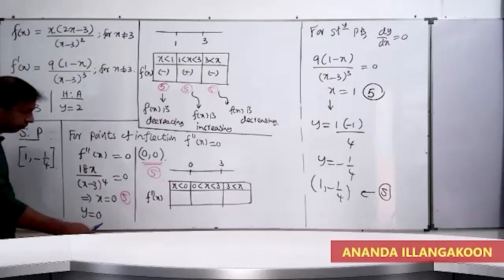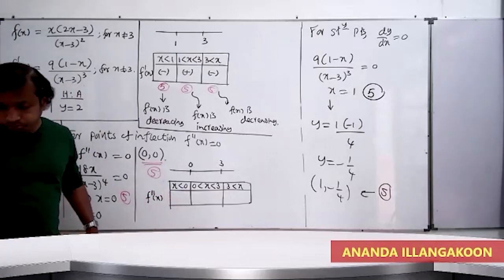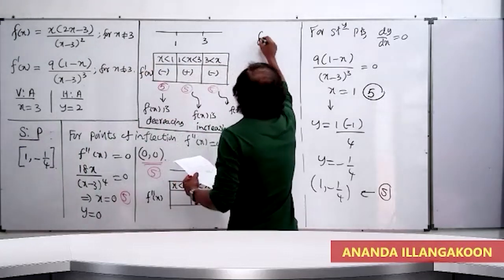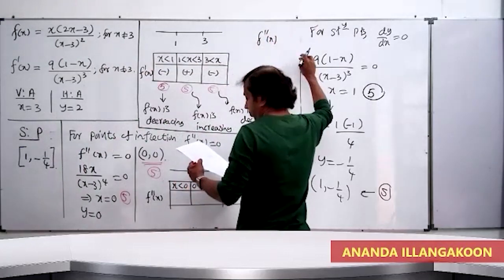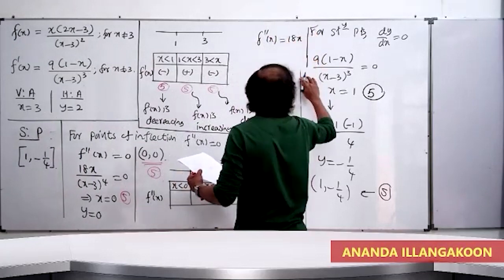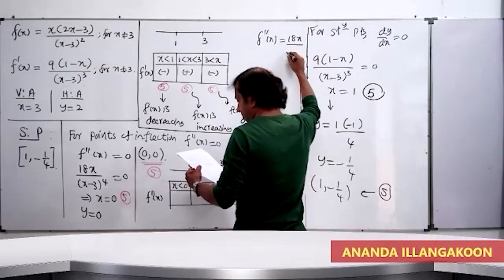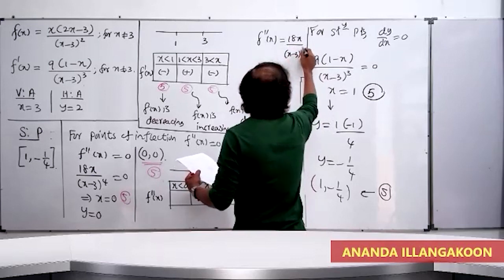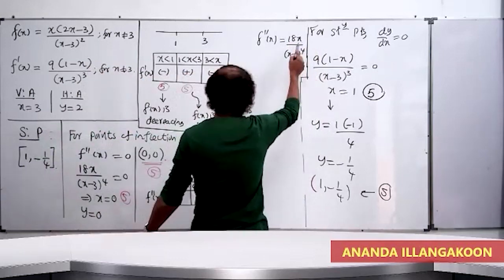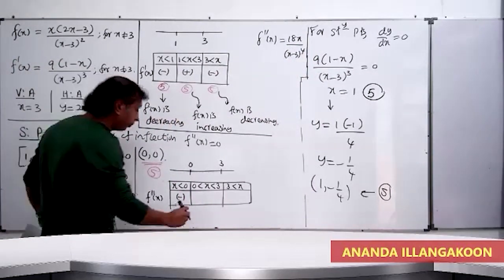In this interval, x less than 0, f double dash x, we know, is 18x divided by (x minus 3) to the power 4, no? In this interval, when x is negative, like minus 2, this is negative. Between 0 and 3, put 1 there, positive.